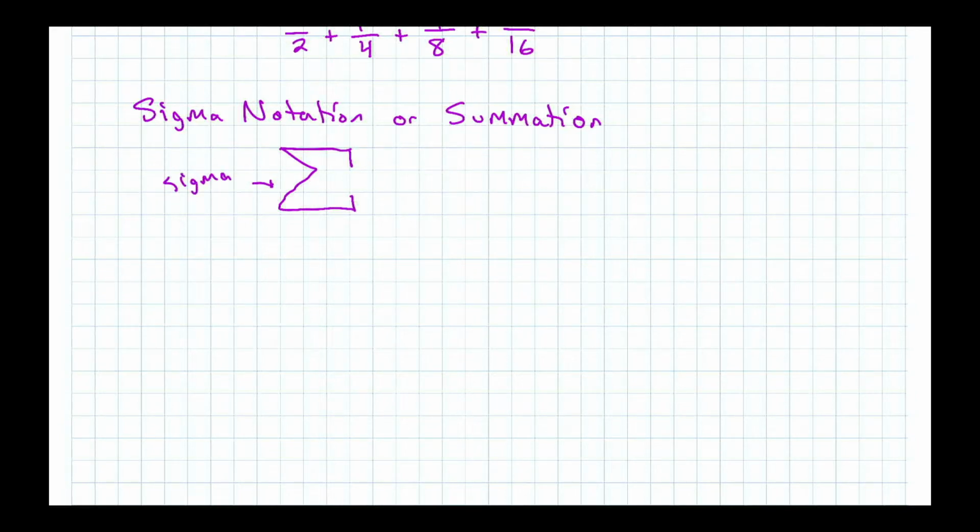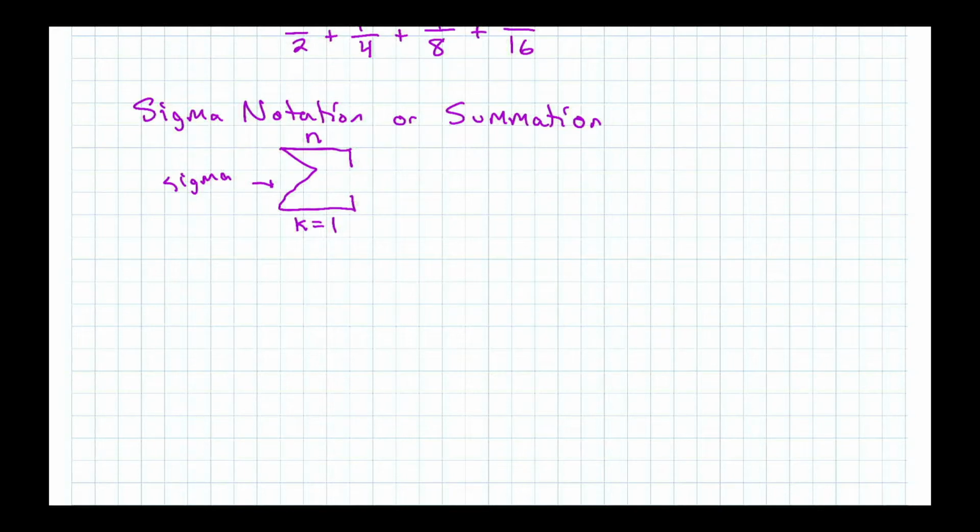The Greek letter sigma. Then you have an index variable, which is just a letter. They use k a lot, they use i a lot, they use n a lot. So I'll do k equals 1, and up here I'll put an n since I used k already. So what do these parts mean?